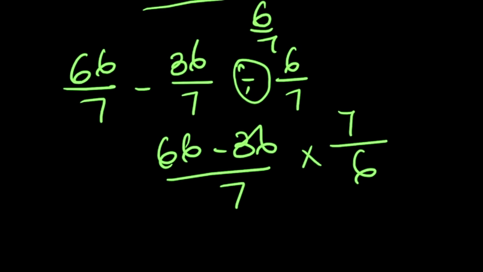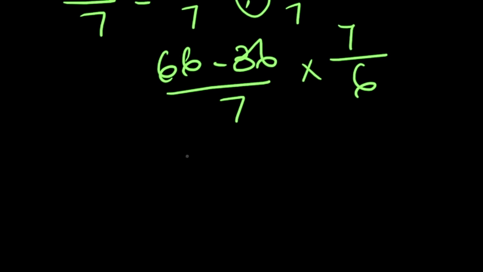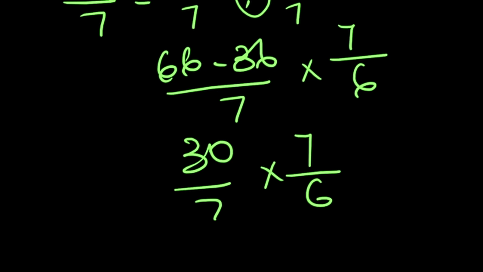Okay, so now let's go ahead and see what we can do with this. 66 minus 36 will give us a 30. So right here we have 30 over 7, then times 7 over 6. Okay, so let's now multiply out to see what we're going to obtain.